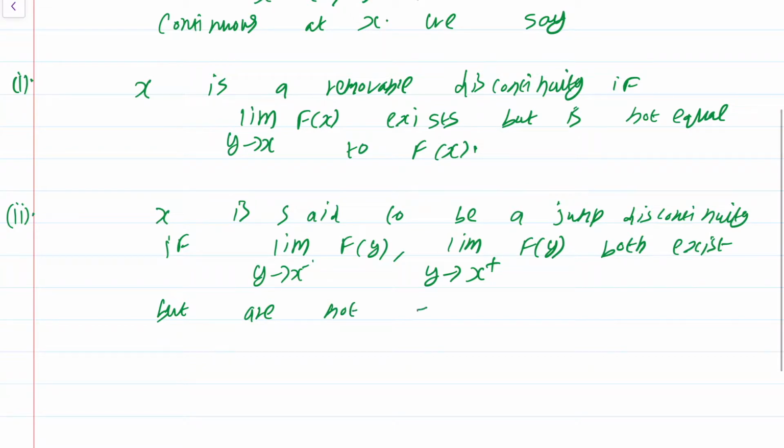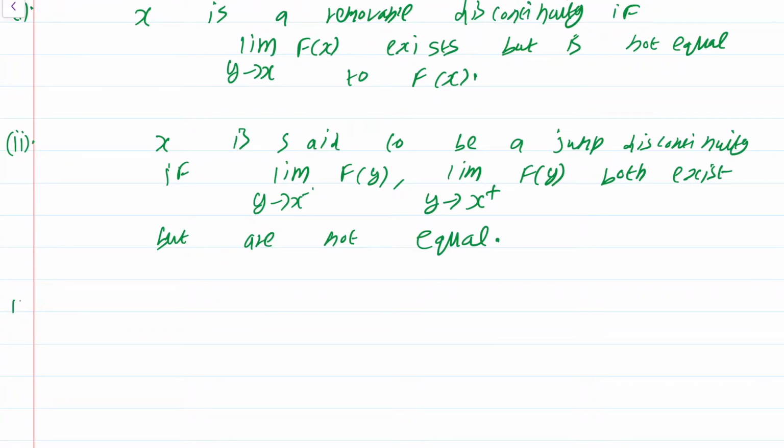Well, again, the terminology is very explanatory. When you approach from the left and when you approach from the right, both limits exist but they are not equal. So there is a jump happening at the point x. Again the terminology is very nice.